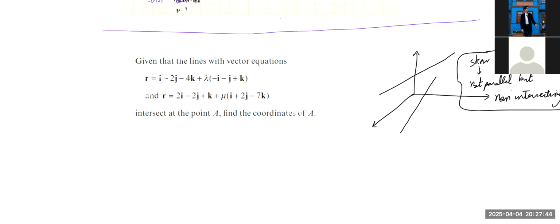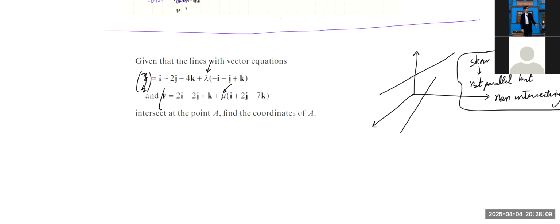Now, let's say that they meet somewhere. If these two vector equations belong to lines that meet somewhere, that means that at some very specific lambda and mu pair, there is a point on both of these lines that's the same. That's x, y, z, right? That's what R is.